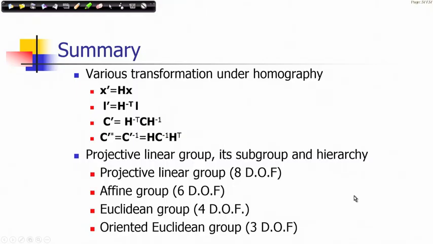Incidentally, the Euclidean group is the similarity transformation we discussed, and the oriented Euclidean group is the isometric transformation.